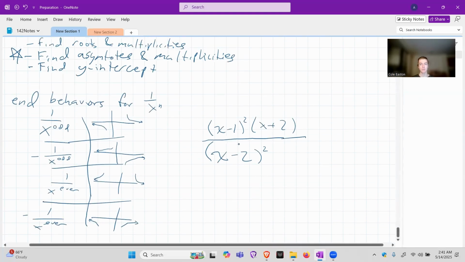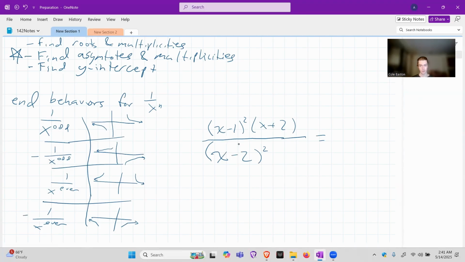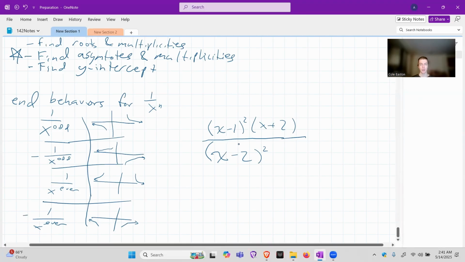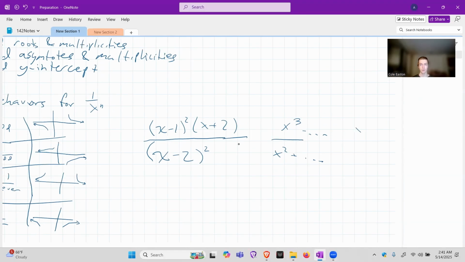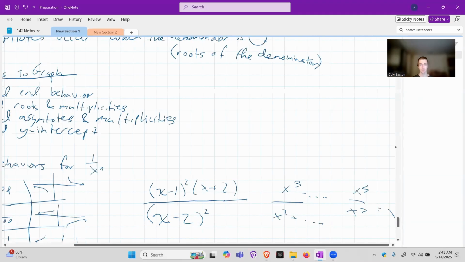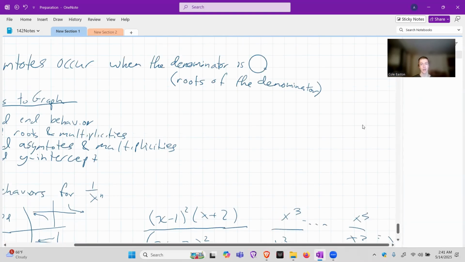So let's think about what we have here. On the top it's going to be x cubed plus something over x squared plus something. So asymptotically, right, we know that x cubed over x squared equals x. So it's going to have the same end behavior as the function x.